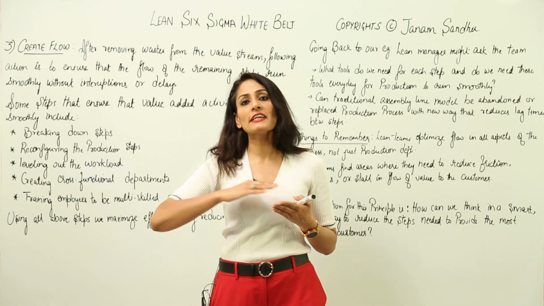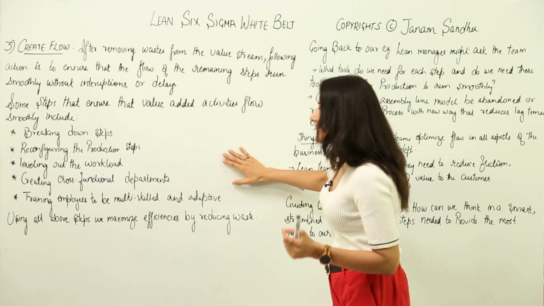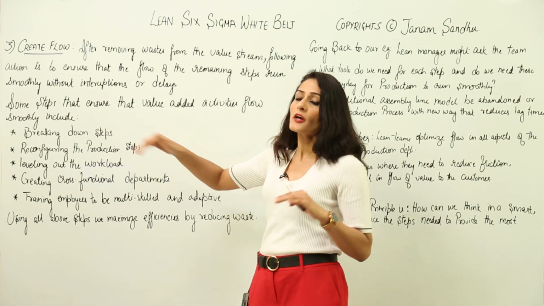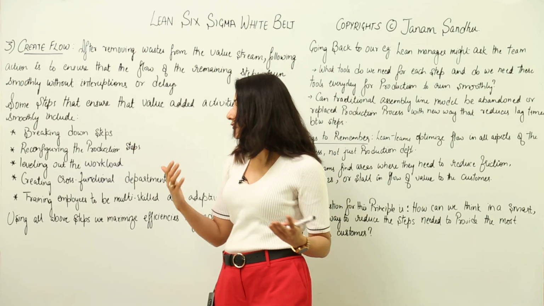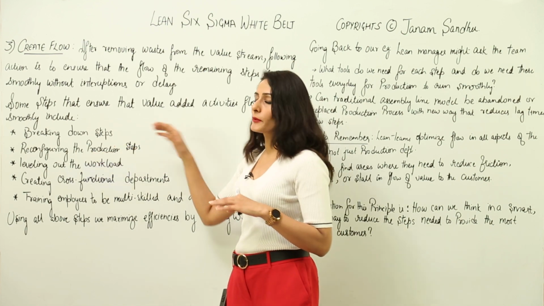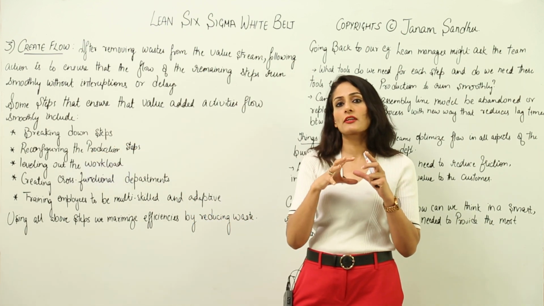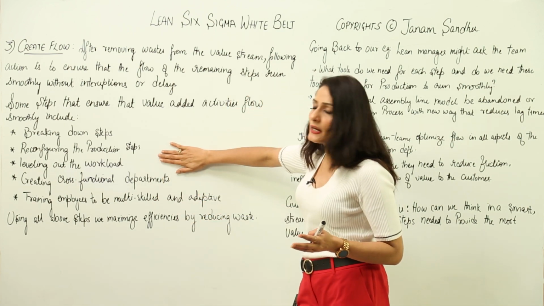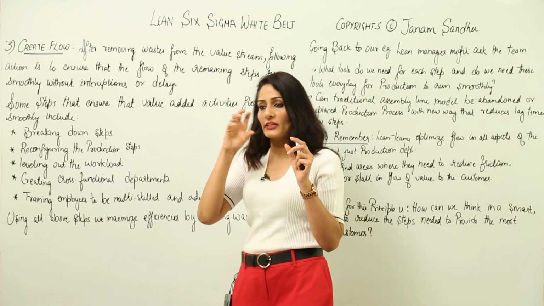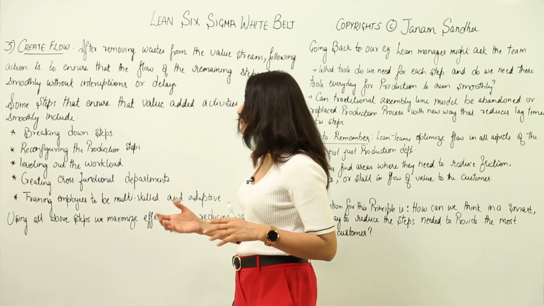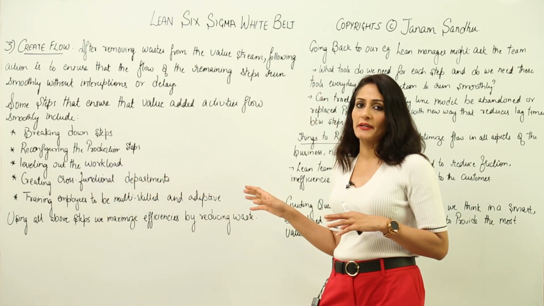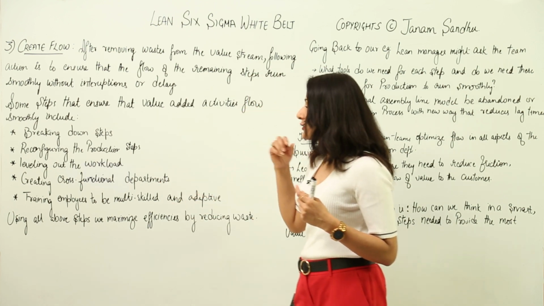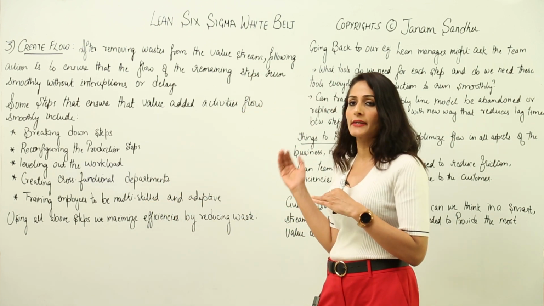So you need to create a very smooth flow, and some steps that ensure that value added activities flow smoothly would include breaking down the steps so that you understand your process in a better way, reconfiguring the production steps so that they can work even more efficiently and in a smarter way, leveling out the workload so that nothing is used inefficiently and nothing is overloaded, creating cross-functional departments that are capable of handling more than one responsibility, one duty or one job, and training employees to be multi-skilled and adaptive, right.